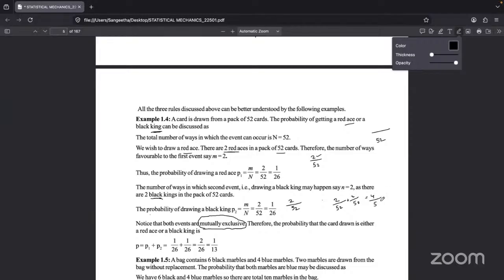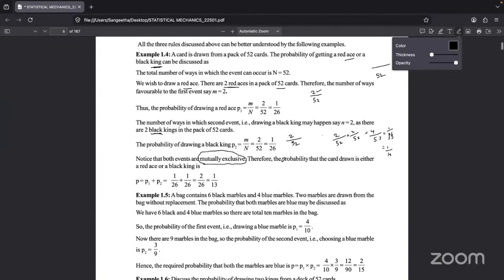We write this as 1/13. So the answer is 1/13. So what is this example for? The sum of the probabilities.